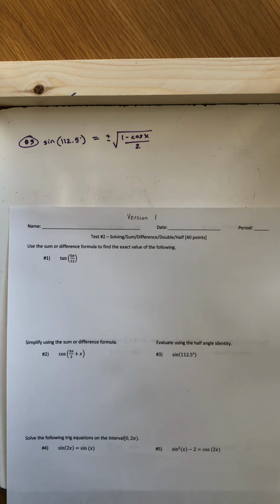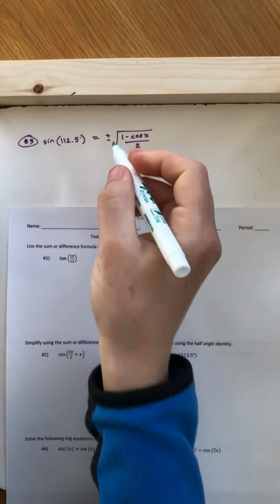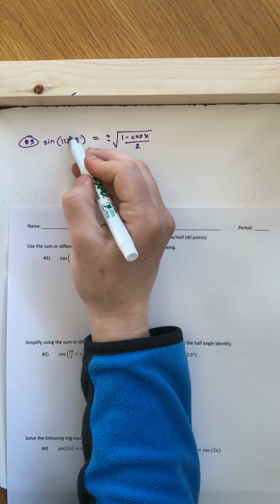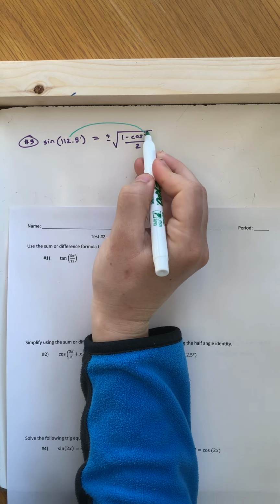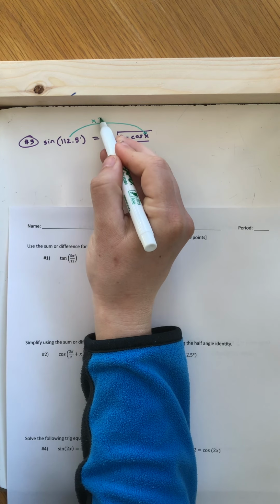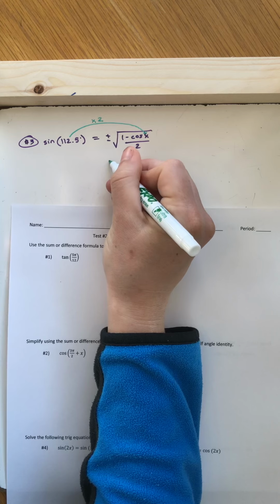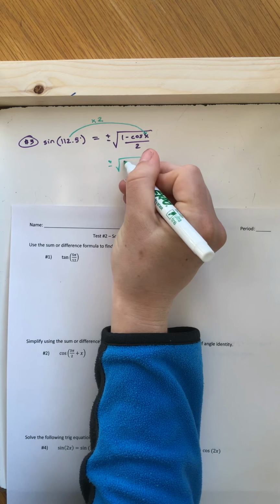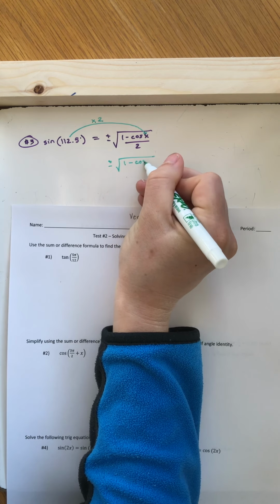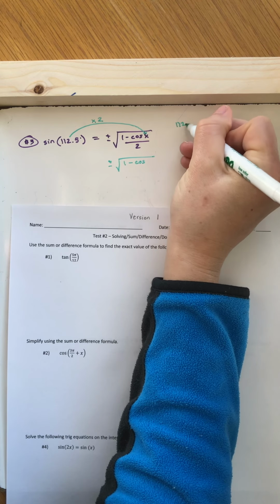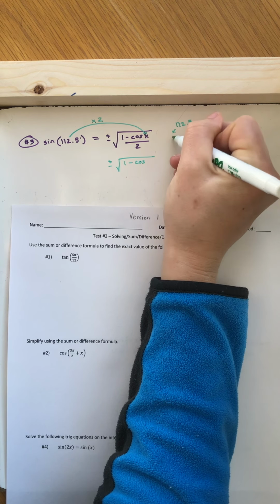The first thing that you have to do for the half angle identity problems is multiply the angle that they give you by 2, and then you're going to put it where the x is. So this is going to be 1 minus the cosine, and then 112.5 times 2.